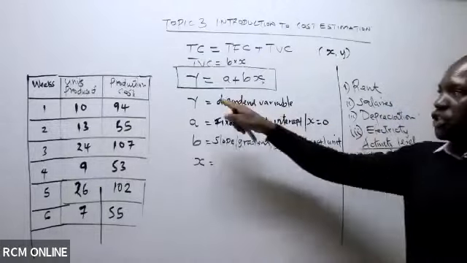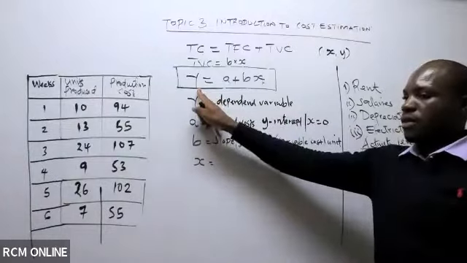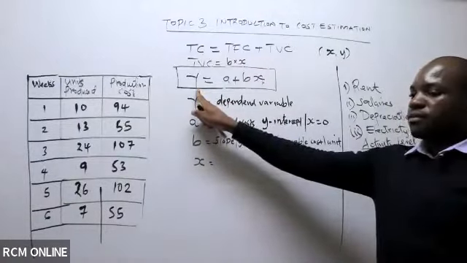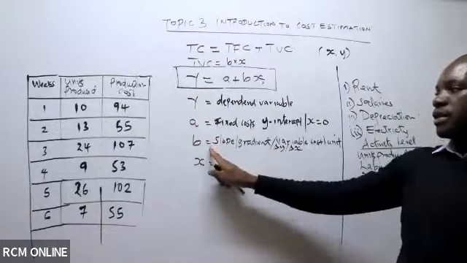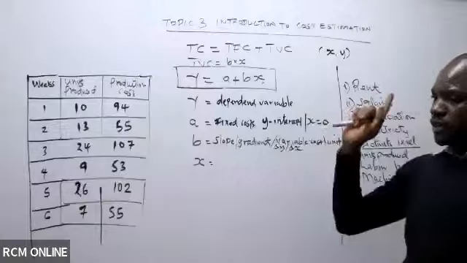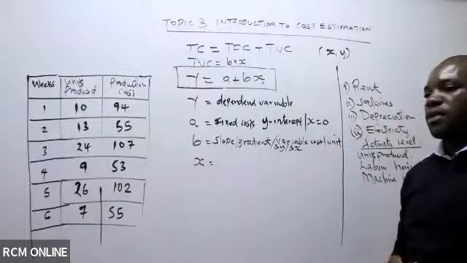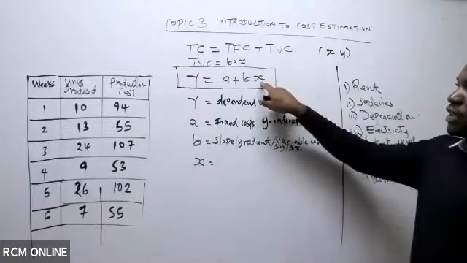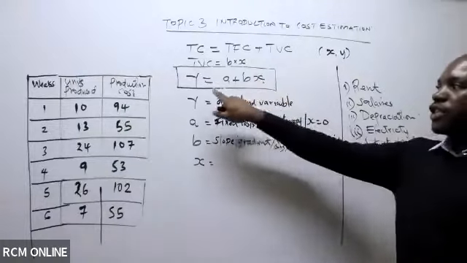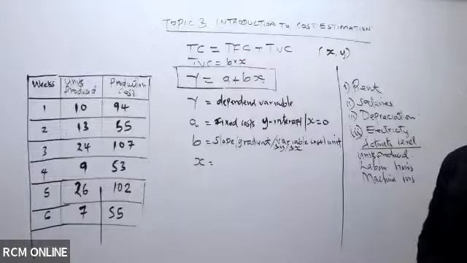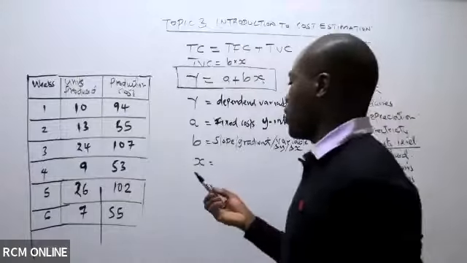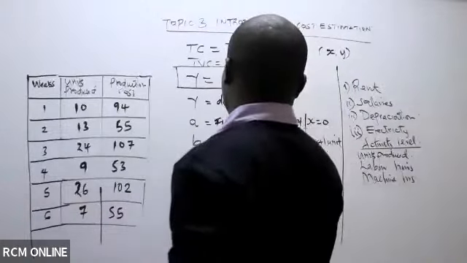Keeping in mind that variable cost per unit is constant, it is x. So changes in x will lead to changes in y. This x here, that's why we are now giving it a special name called independent.